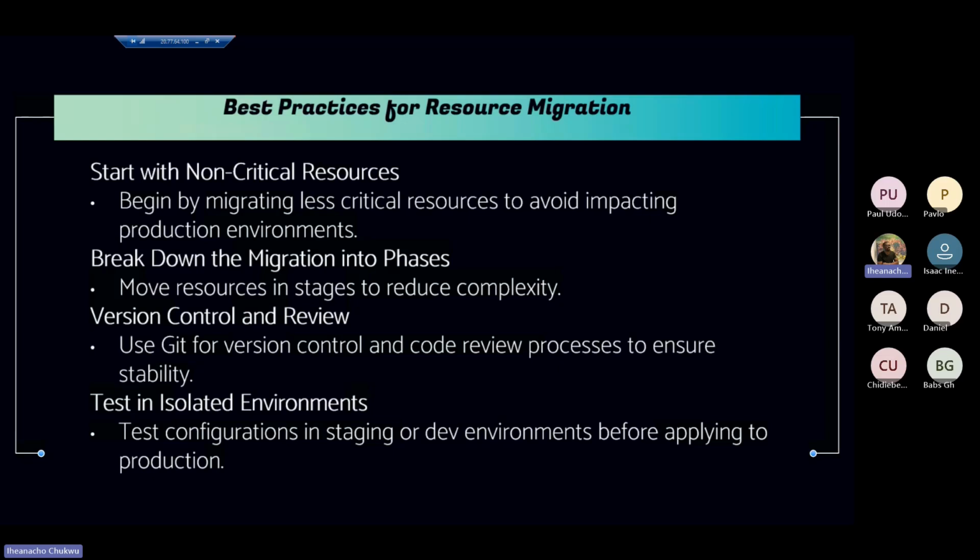We also need to consider version control and review, meaning that as we make changes, we start from a very small resource, commit that change, add more resources, and commit the change as well. So it's a more progressive approach. Say you want to migrate 5 or 6 resources, or probably 50 resources.